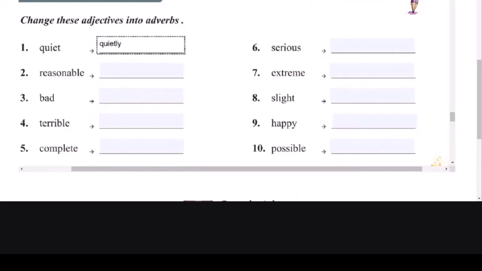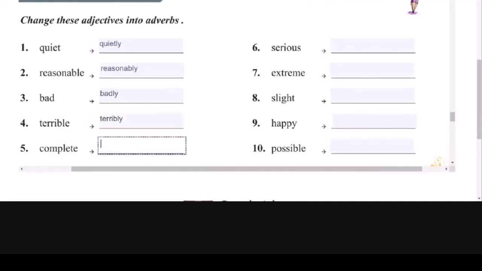Quietly. Quiet. Reasonable. The pronunciation is reasonably quiet, right? Reasonably. Bad. Badly. Terrible. Terribly.